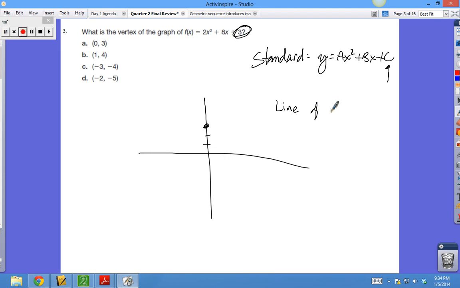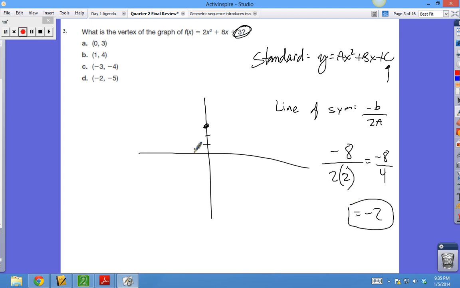And our vertex is going to be right here. The line of symmetry, you have to memorize, it's -b divided by 2a. So it is going to be -8 divided by 2 times 2, so it's going to be -8 divided by 4, which is -2. So your line of symmetry is going to be at -2.